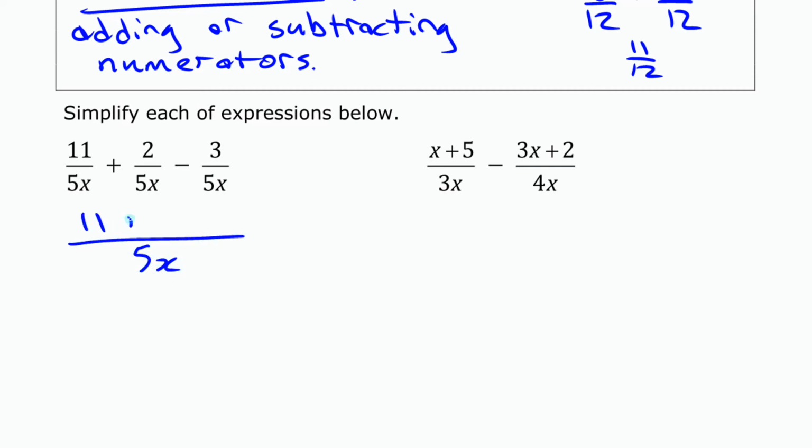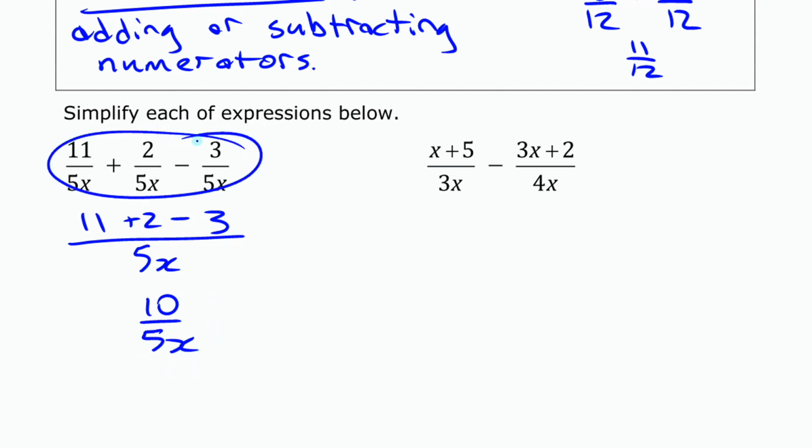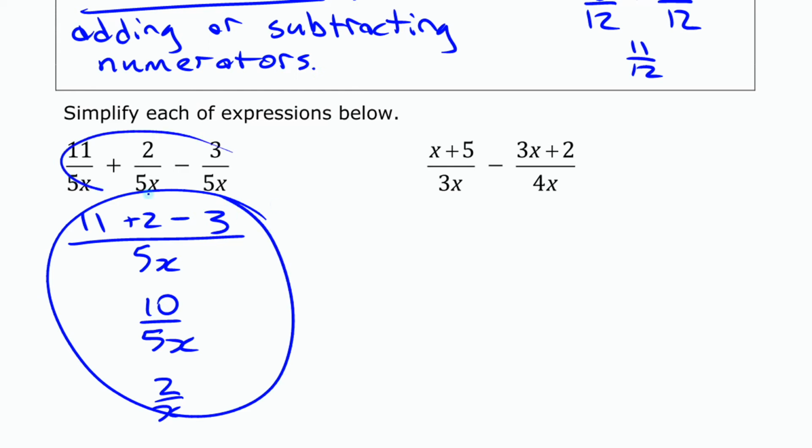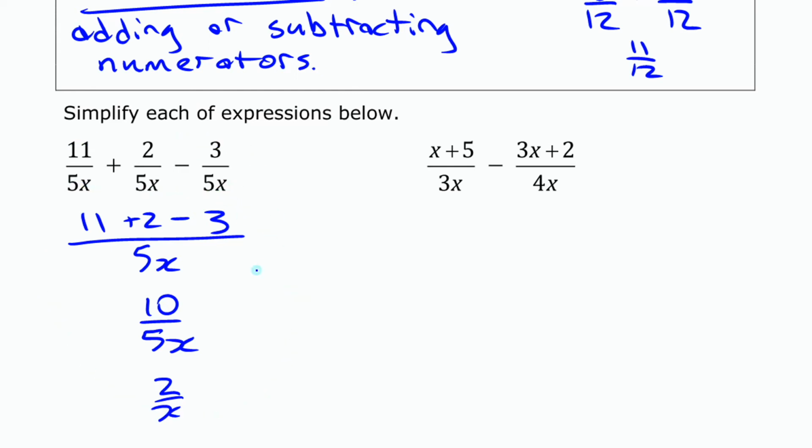And you have 11 plus 2 minus 3, or in other words, you have 10 over 5x. 10 over 5x is equivalent to those three fractions, added and subtracted. Now you can reduce this even more, because with 10 and 5, you can divide the top and the bottom by 5 to get 2 over x. All of these things are equivalent to that expression we started with. This is the simplest version of that though.